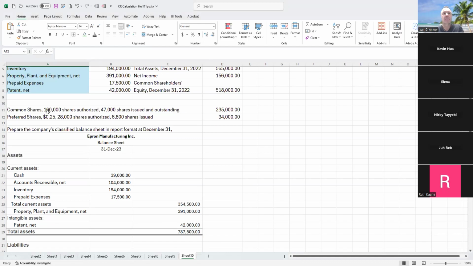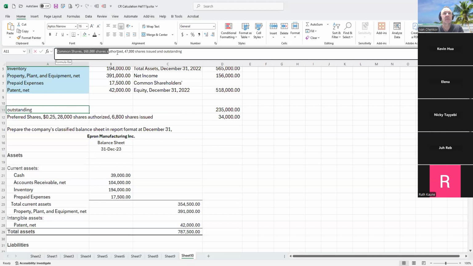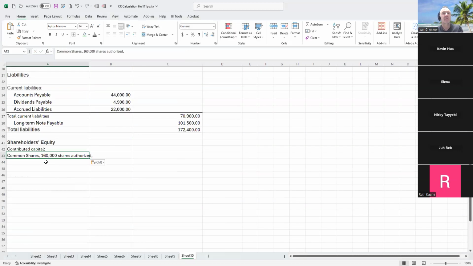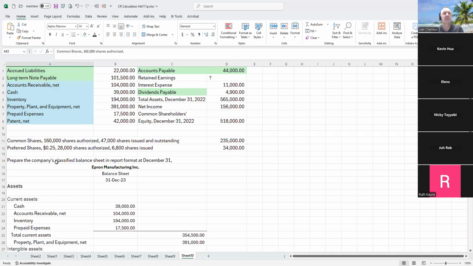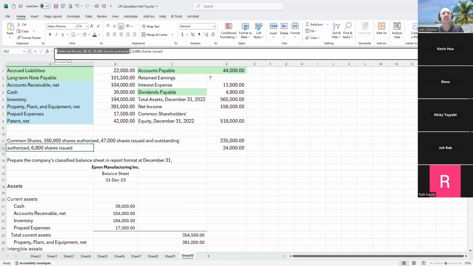Contributed capital, and we're going to have those common shares, and authorized. Is it common shares or preferred shares? Which is going to come first? What do you think? Preferred shares. I like preferred shares first too.